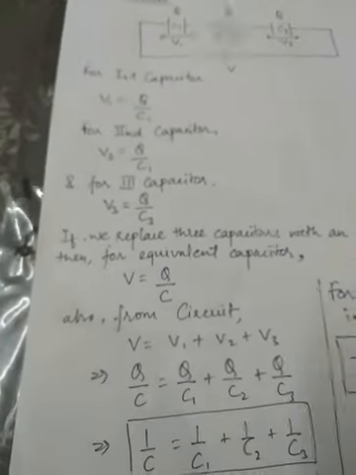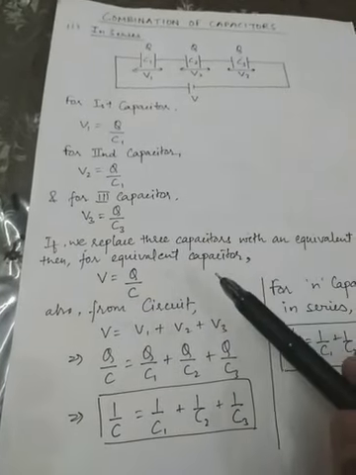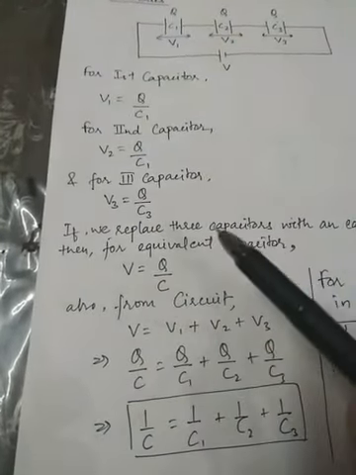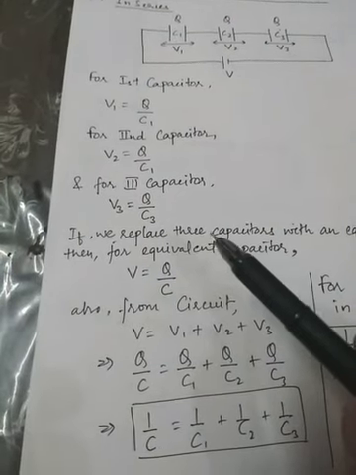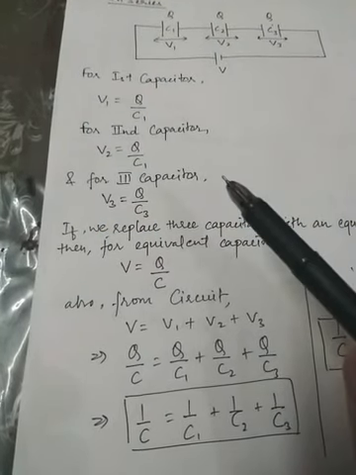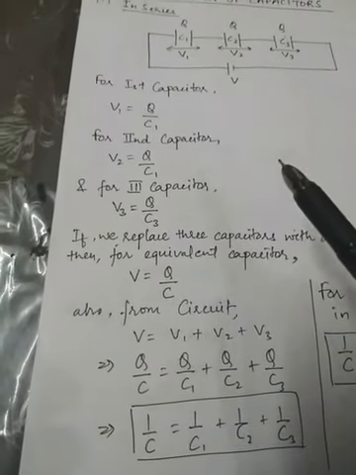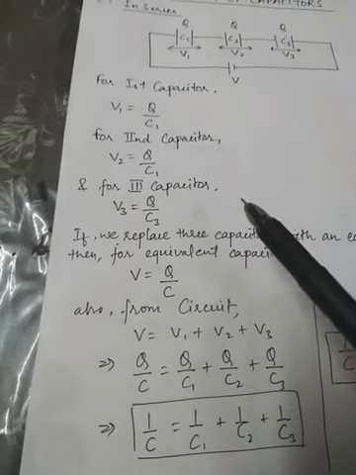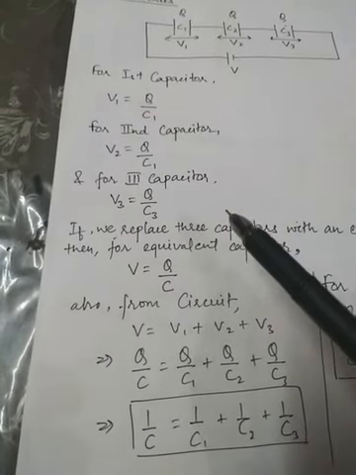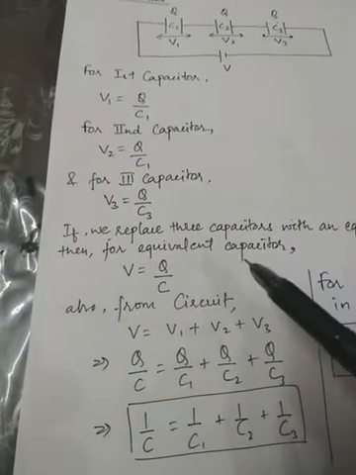Now, the main thing, if we replace three capacitors, these C1, C2 and C3, with an equivalent capacitor C, then equivalent capacitor means if a particular type of capacitor of capacitance C is placed in place of these three capacitors, that equivalent capacitor also holds the same amount of charge Q that was held by these three capacitors in combination.